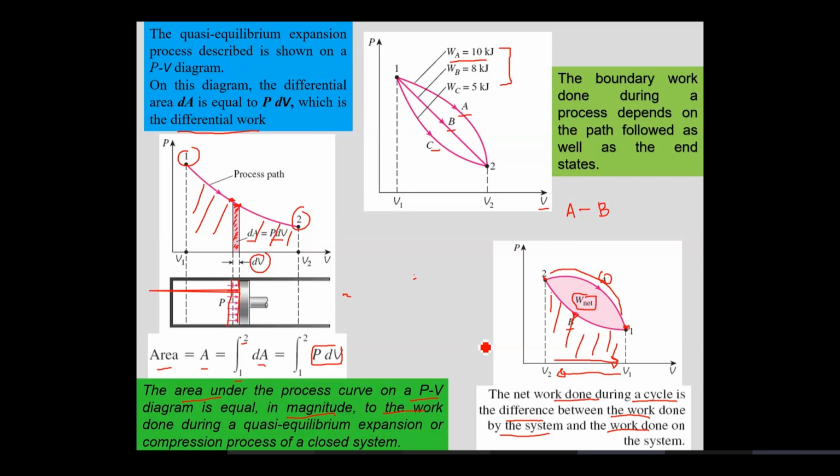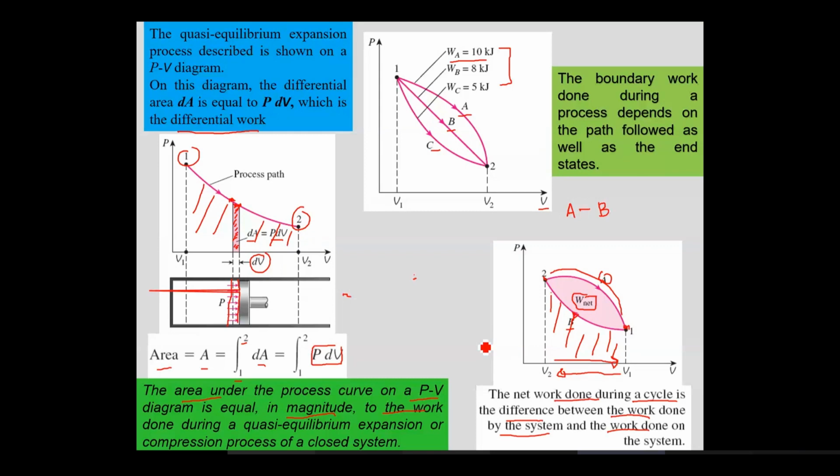Excuse me, sir. Though we have some net work, but will we have any net energy change? What is work? Sir, but we have come to know that the total work done in a closed path is zero.